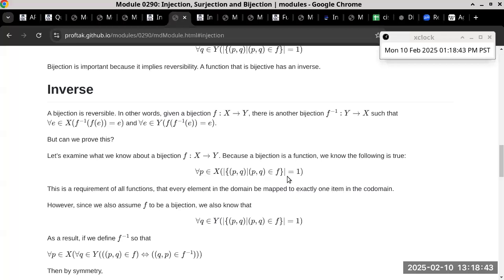The way we describe an inverse function is this: for every element E in X, which is our domain, f inverse, the inverse function, of the result of f applied to E is just E. The concept of inverse function probably is not new to you, because all of you have taken pre-calc, and I'm pretty sure they talk about inverse functions either in that class or classes before that. So an inverse function is guaranteed when you have a bijection.